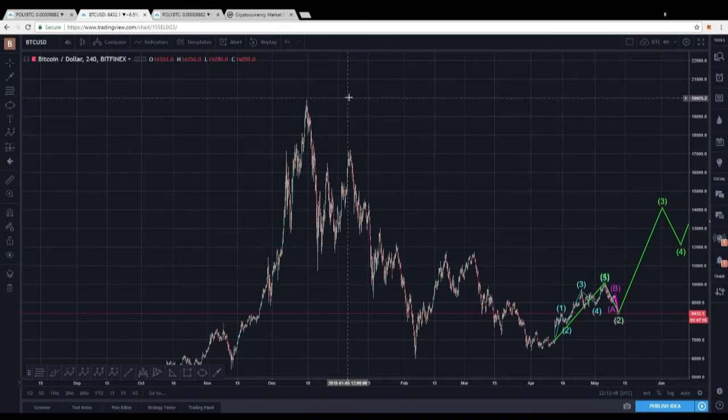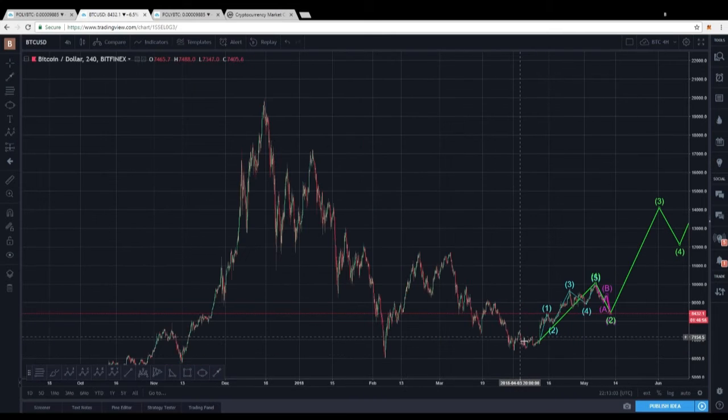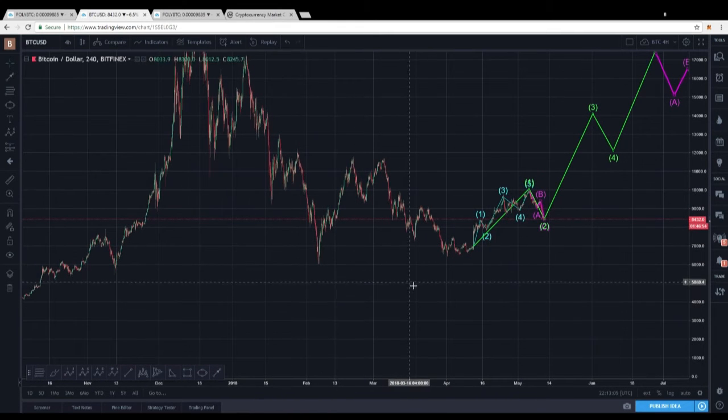But a lot of people have been saying that this run-up right here that took us all the way up to $20,000, we did not receive the drawback that we needed. This drop right here was not enough. We needed to see a further retrace to like 5,000, 4,000, somewhere around there.